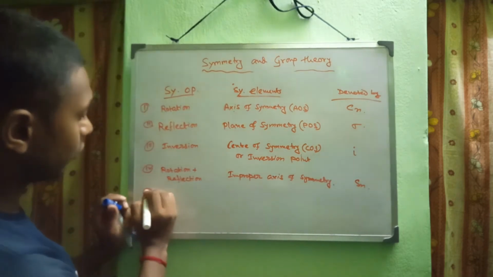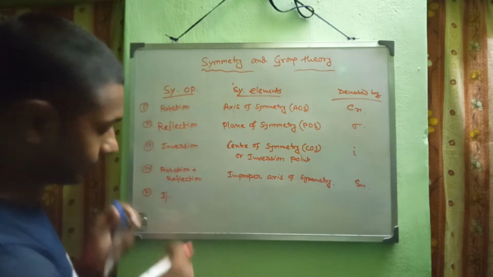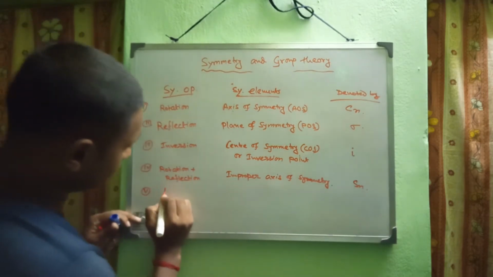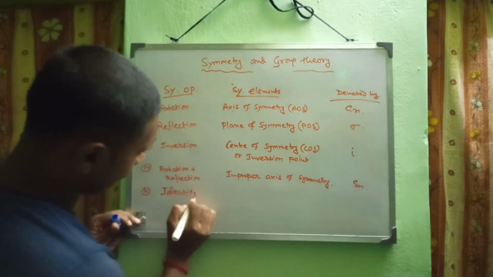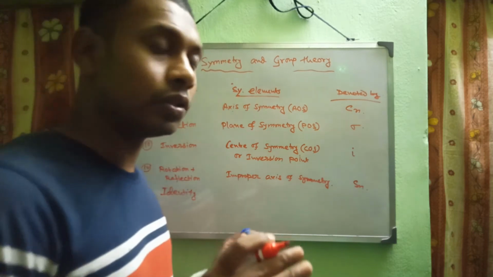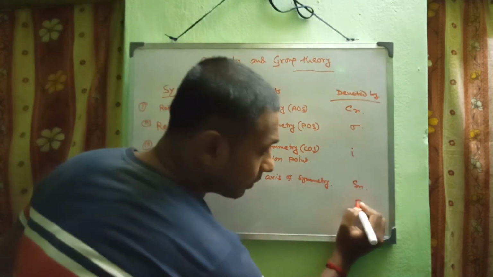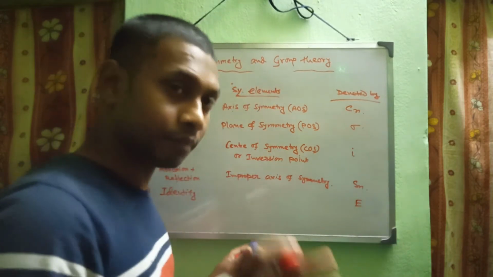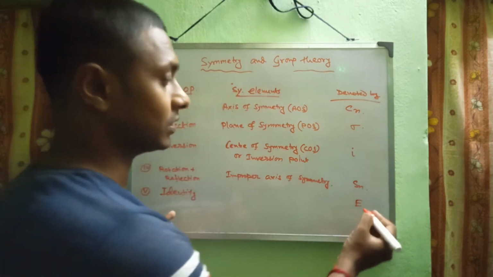The fifth one is the identity operation, and every molecule possesses the identity operation, denoted by E. If we do nothing to the molecule, that gives the same molecule, which is the identity operation.